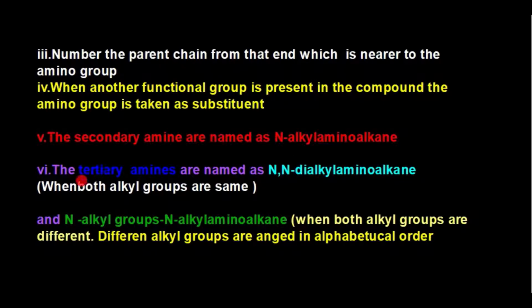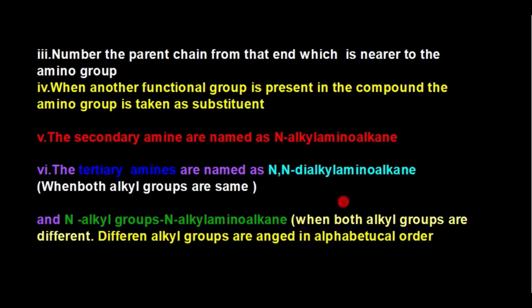But students, if we have tertiary amines, then how can we write their names? For tertiary amines, they are named as N,N-dialkyl amino alkane. How many alkyl groups are there?